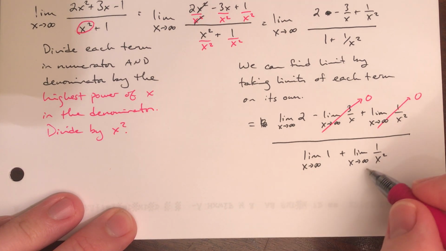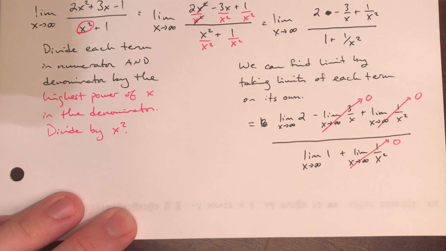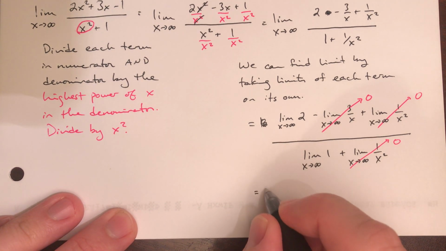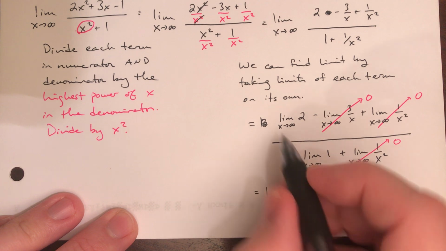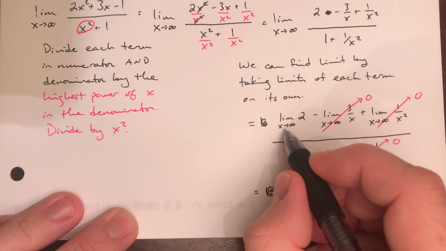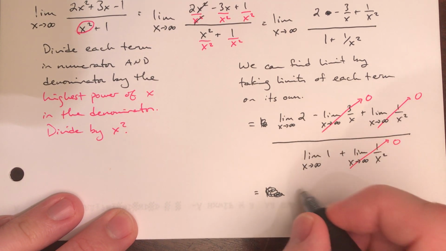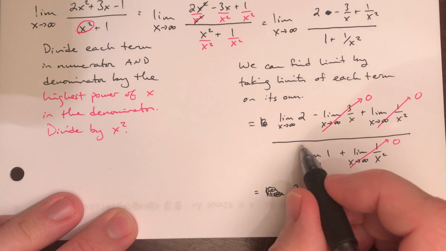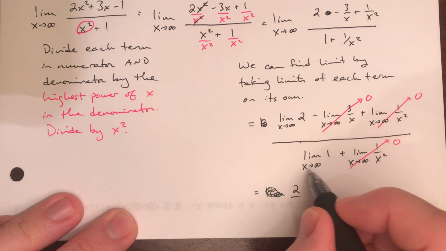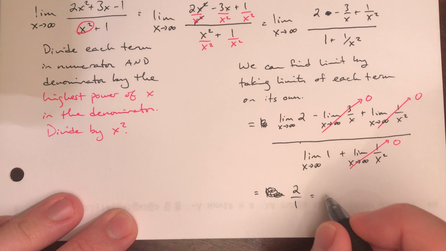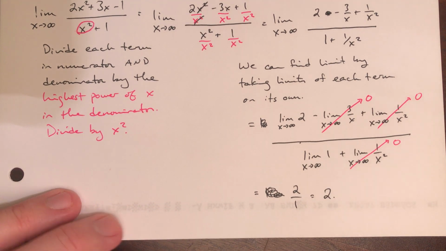The limit of 1 over x squared here is 0. And what's going to be left? We have the limit as x goes to infinity of the constant function 2, which is just 2, divided by the limit of the constant function 1, which is just 1, gives us 2.